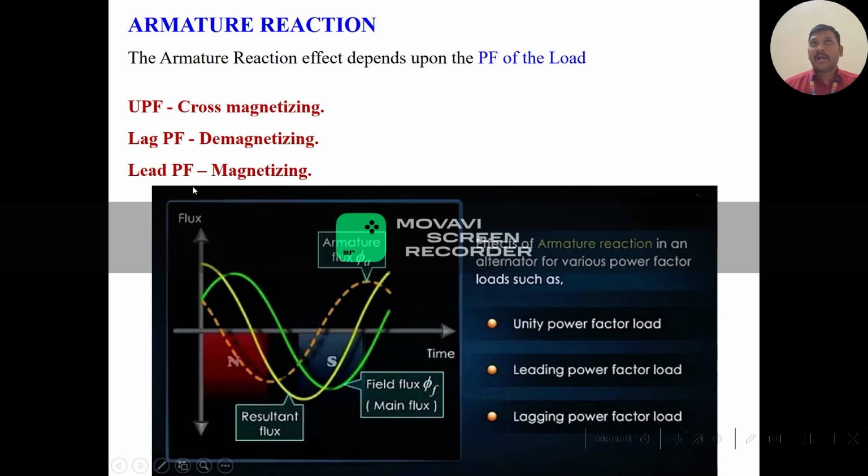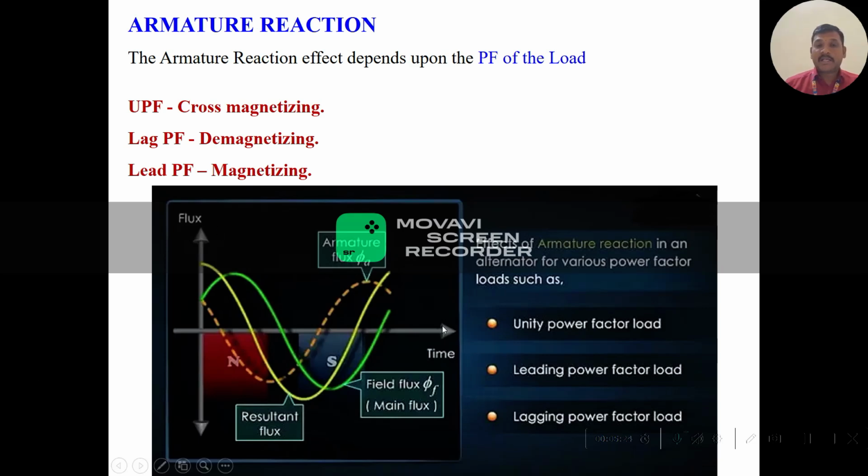If it is pure capacitive, that current will lead the voltage by 90 degrees, so that creates a magnetizing effect, which increases the resultant flux of the machine, and that leads to the increase in the terminal voltage of the alternator.